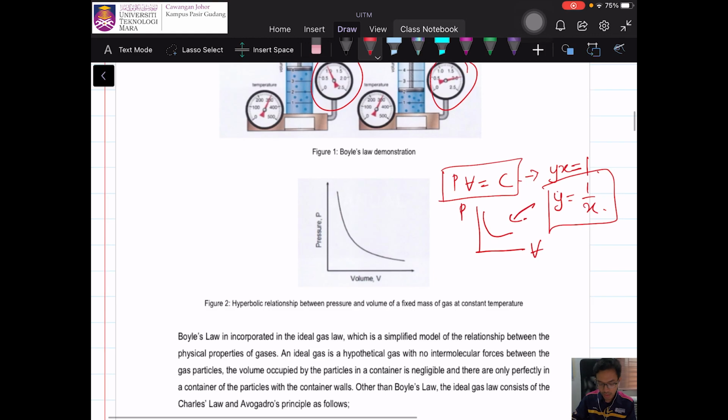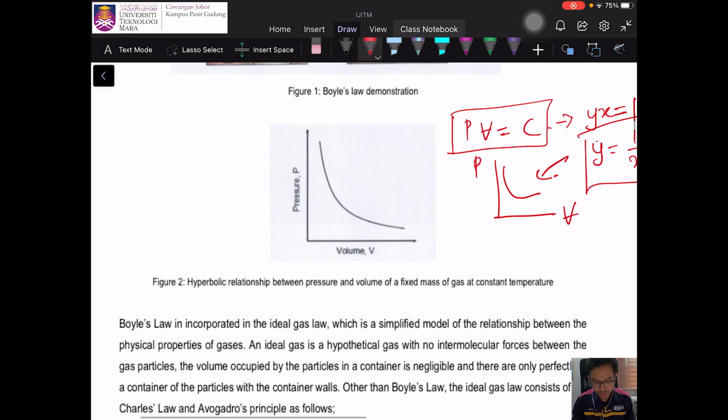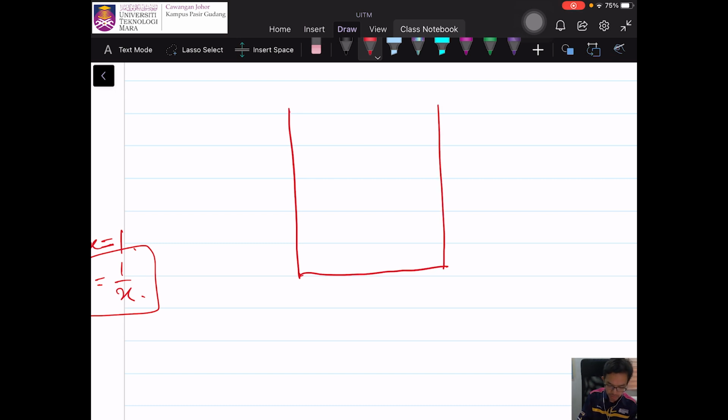Now I will explain more on what happens inside the piston cylinder device. I will sketch this piston cylinder device, as you see on the screen.